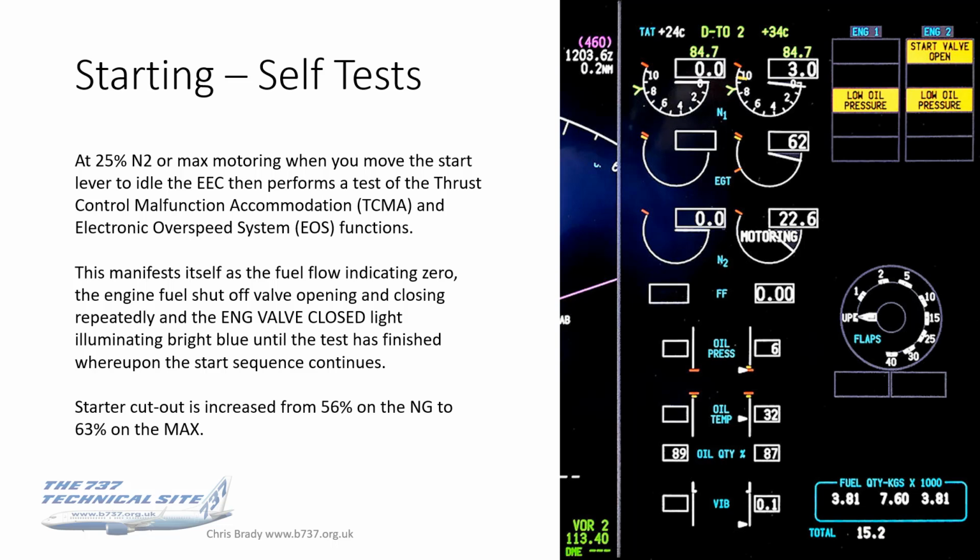Both go through a self-test process, and what you will see is that the fuel flow indicates 0 as the fuel shut-off valve opens and closes repeatedly, and the engine valve close light illuminates bright blue until the test is finished. After that, the start sequence will continue. Starter cutout on the Max is up to 63% from the previous 56% of the NG.